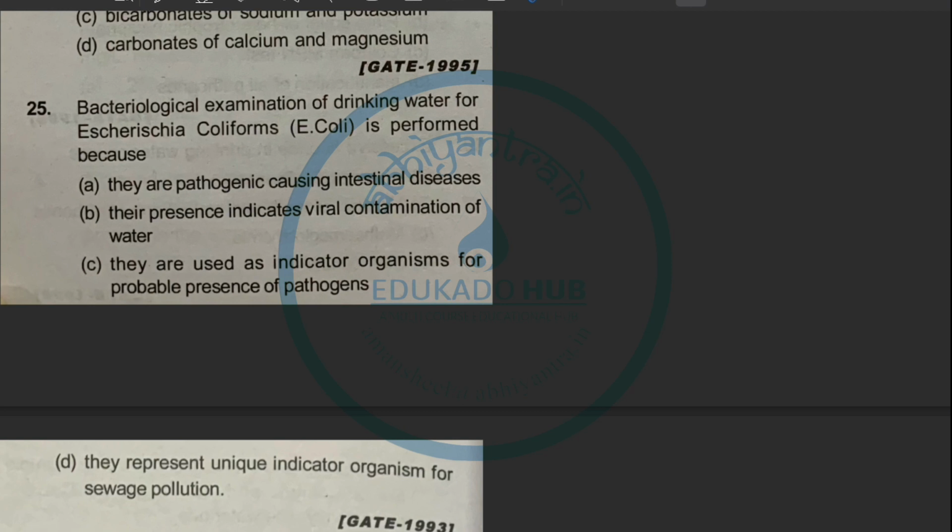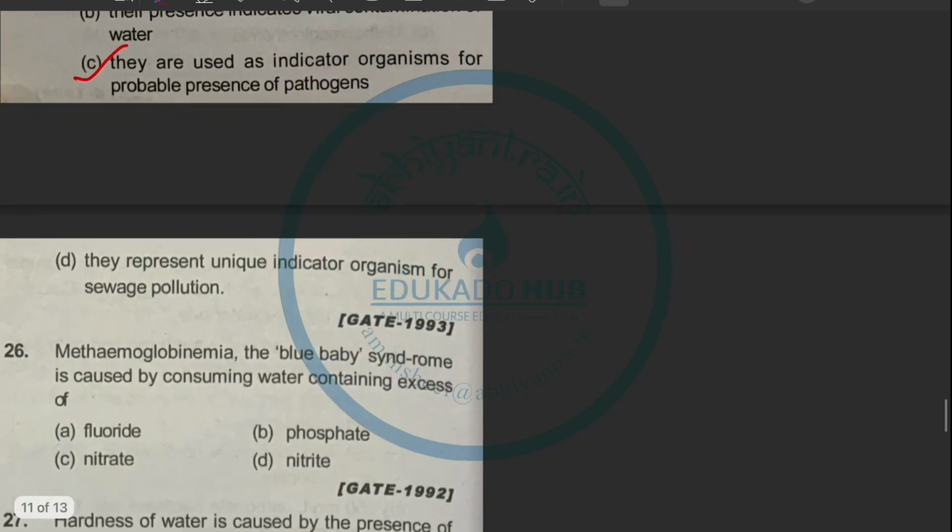The options: they are pathogenic causing intestinal disease; their presence indicates viral contamination of water; they are used as indicator organisms for probable presence of pathogens; they represent a unique indicator organism for sewage pollution. As we have already discussed, they act as indicator for the probable presence of pathogens. So option number 3 is most suitable.